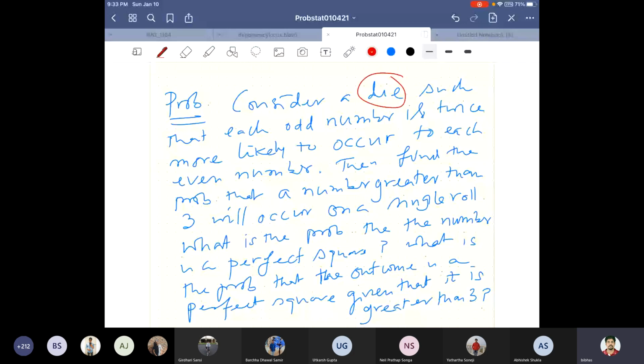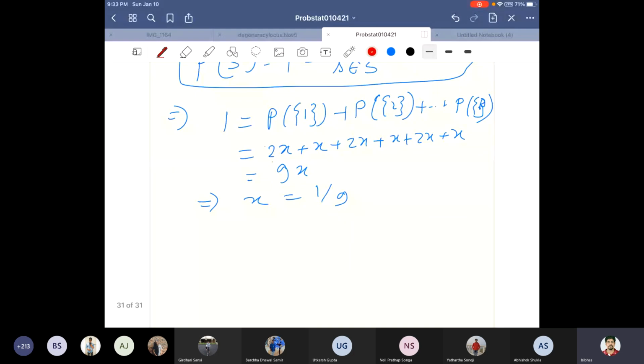So the question is, what is the probability of this event {4, 5, 6}? If 4 occurs, this event has occurred. If 5 occurs, this event occurs. If 6 occurs, this event occurs too. So this event having occurred means a number greater than 3 has appeared once you roll the die.